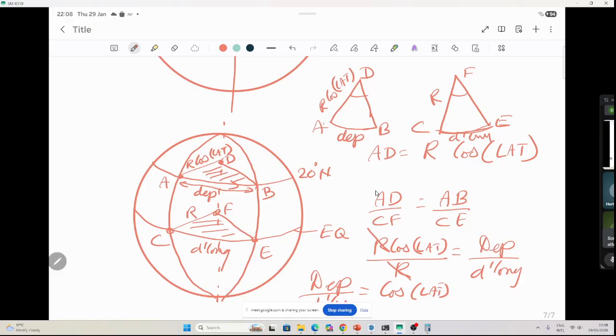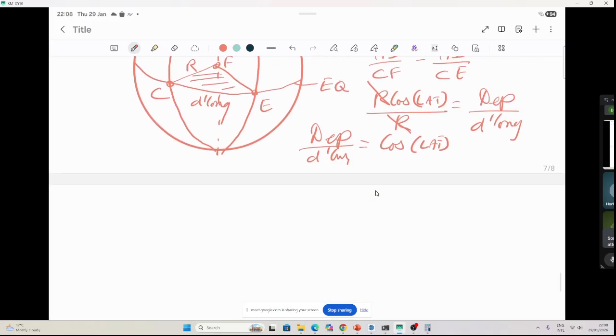Are we clear? Okay, the guys. Yes, sir. Clear. Okay, so that means departure equals to D long into cos latitude.